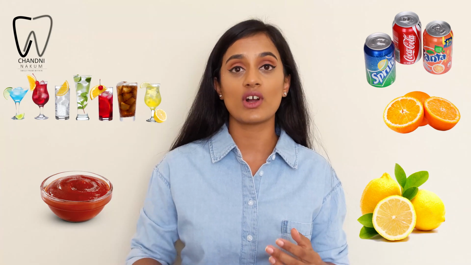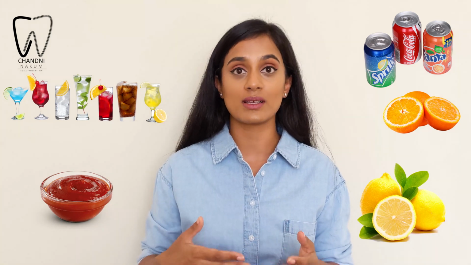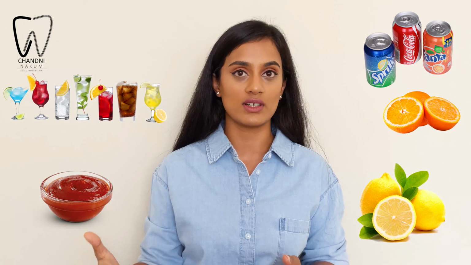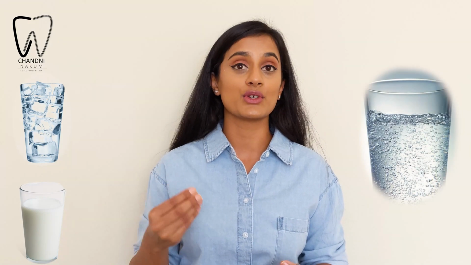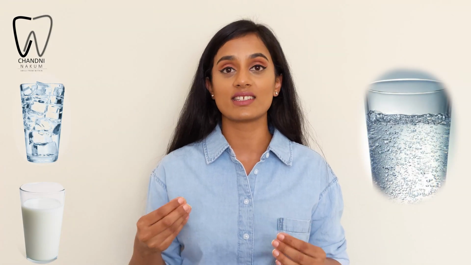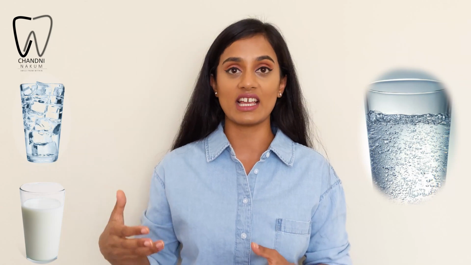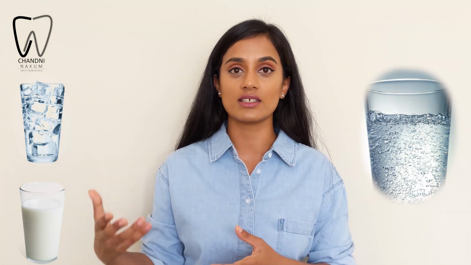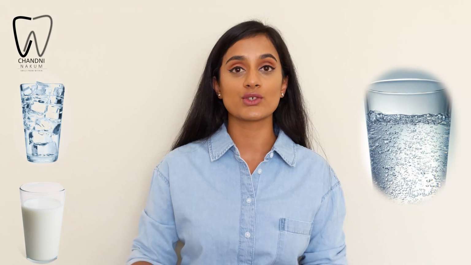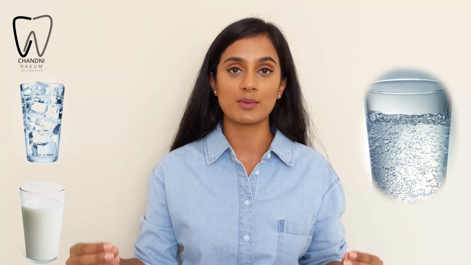If you're looking to try and swap these for something which doesn't increase your chances of erosion, then plain water or milk is best. But if you like sparkling water, then you can also try this because it doesn't have any kind of increased chances of erosion, but please make sure that it's unflavoured sparkling water.